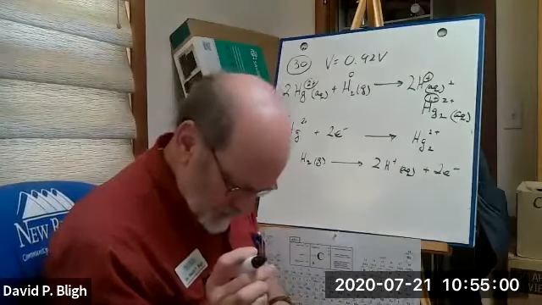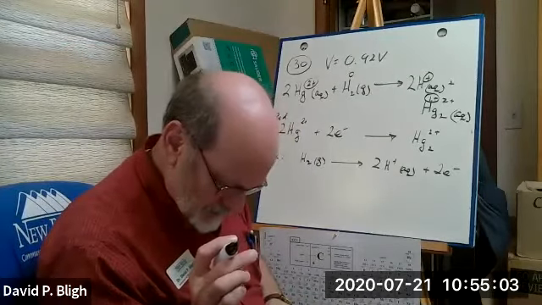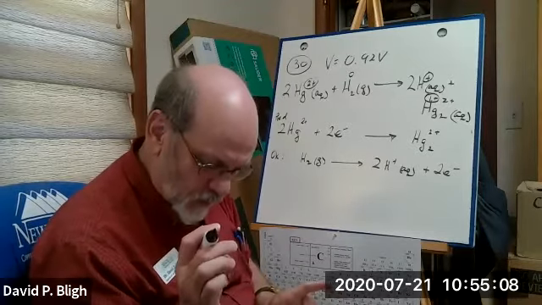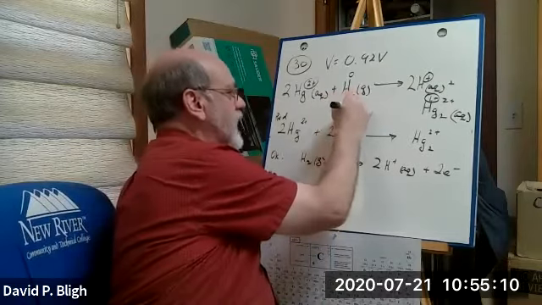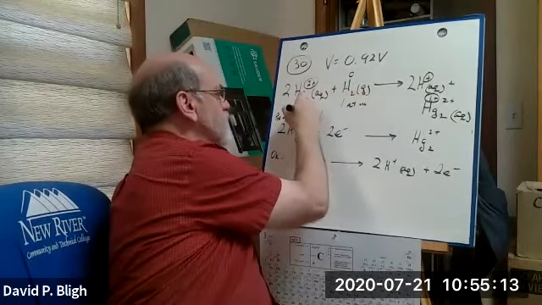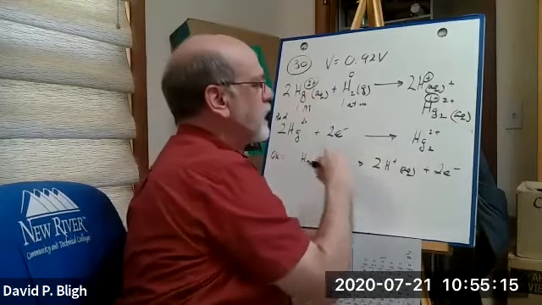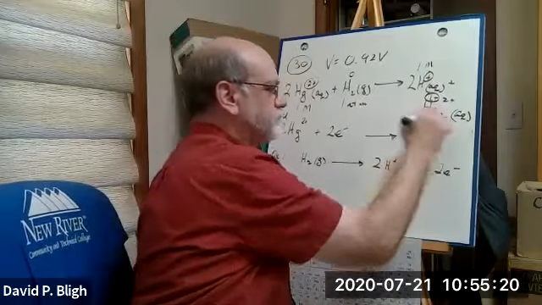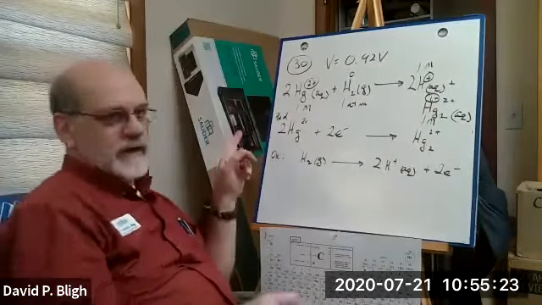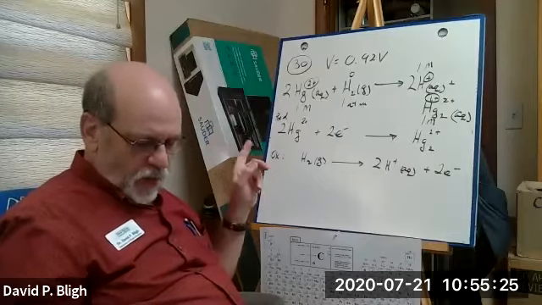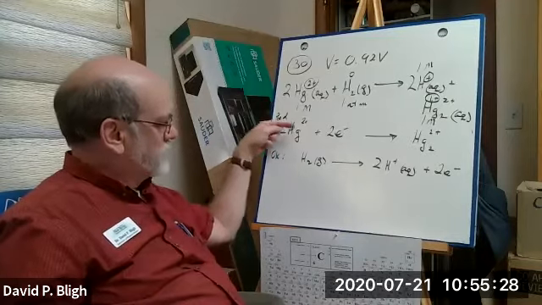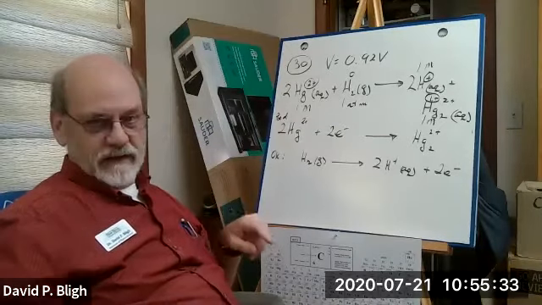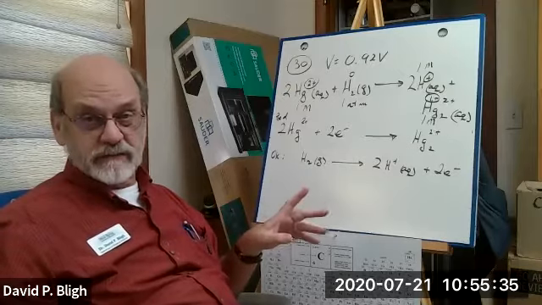And the question is, if the concentration of ions is 1 molar and the pressure is 1 atmosphere, so this is 1 atmosphere, this concentration is 1 molar, and this is 1 molar, and this is 1 molar, you get that voltage. Then the question is, what is the voltage for that half reaction? Okay, it's kind of a trick question.